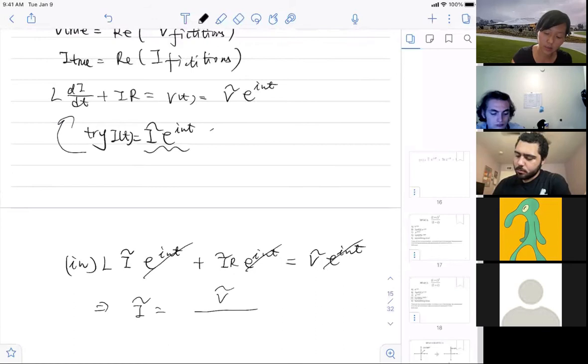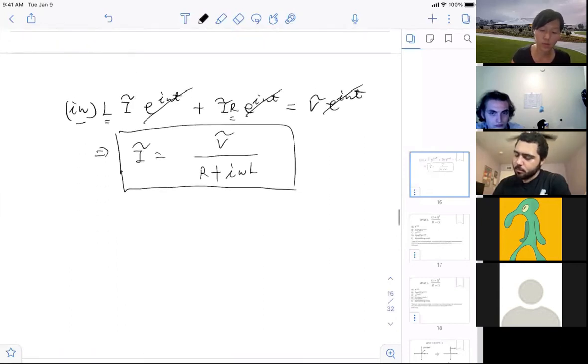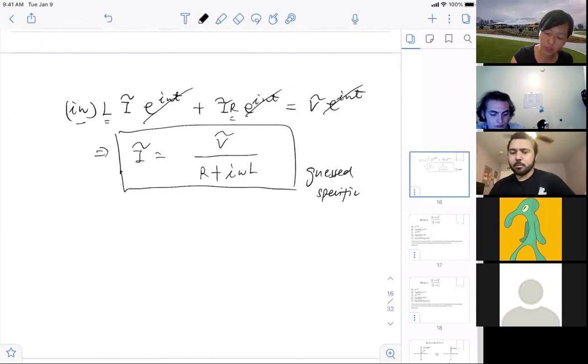I tilde is V tilde over R plus i omega L, from here, right? So this would be my unique guessed, specific solution to the inhomogeneous equation.